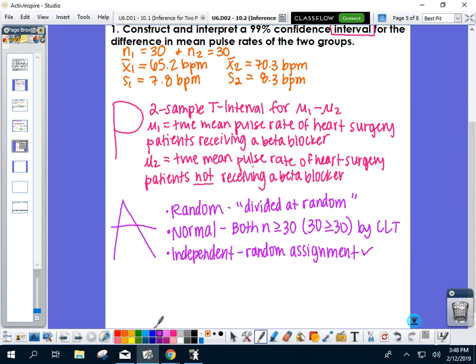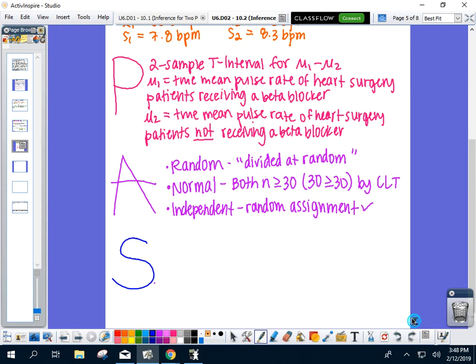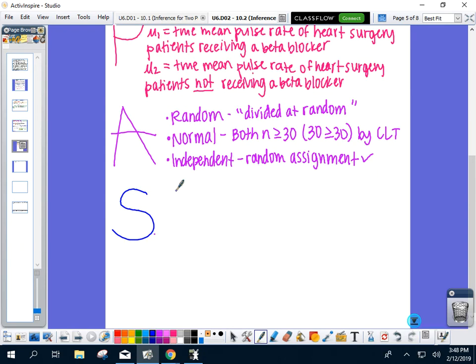All right, next we have our statistical work. We have our new formula to fill in. I'll write it here first: x bar 1 minus x bar 2 plus or minus t star times the square root of s1 squared over n1 plus s2 squared over n2.